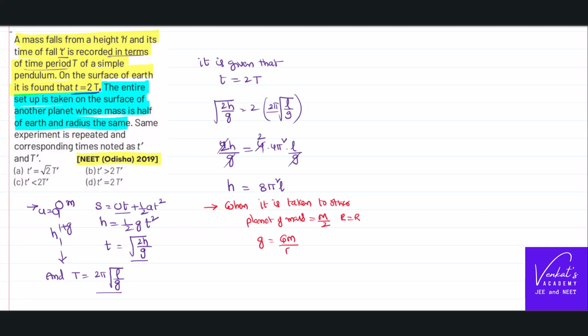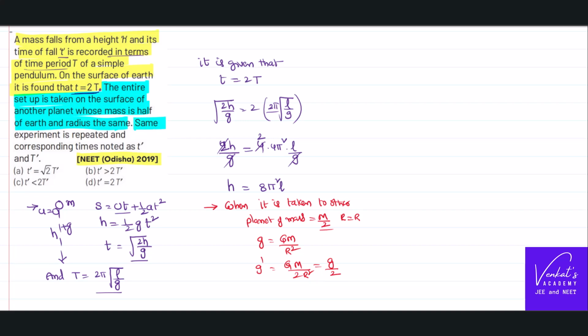The relation is g equal to GM by r square. So g dash, capital G is constant, the universal gravitational constant. Mass became M by 2, r remains the same. So g dash has become g by 2 in the second part. So I have to consider g dash as g by 2.